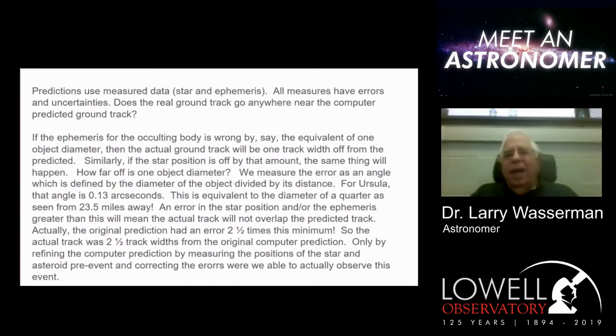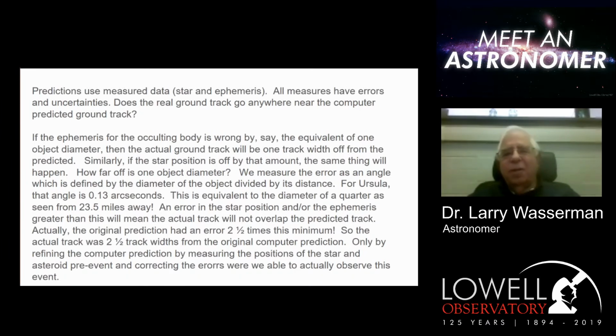We measure the error as an angle, which is defined by the diameter of the object divided by its distance. In this case, that's 120 miles divided by 2 times the distance of the Earth to the Sun, or about 200 million miles. For Ursula, that angle is 0.13 arc seconds, which is not a terribly meaningful number to most people.